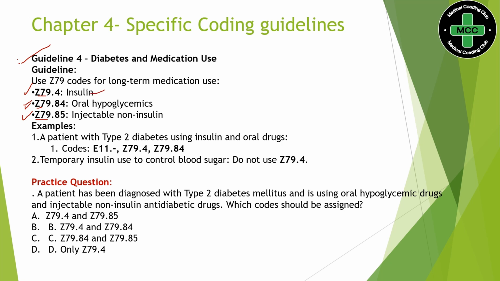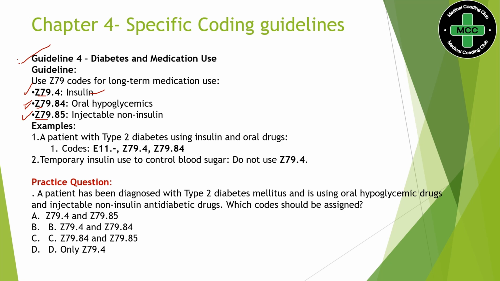If you see 2 drugs, then we have to code both the drugs. There is no specification. If every drug is documented, you can capture all the drug usage with the additional code, and if they specify any one drug, you can use that one drug as an additional code.